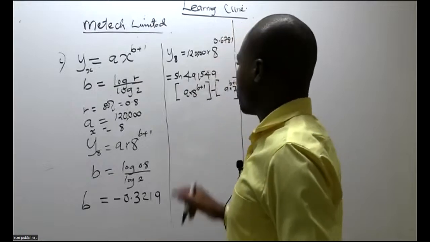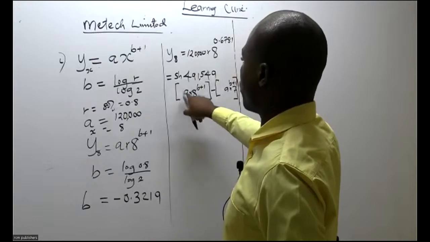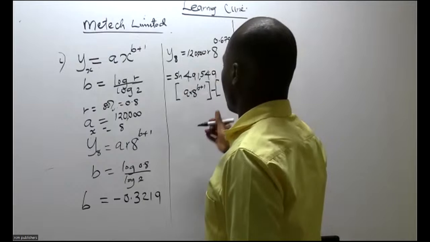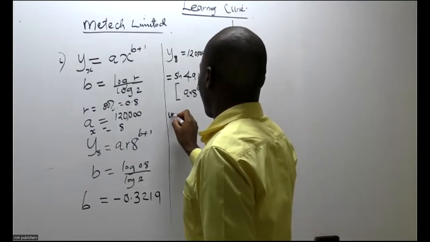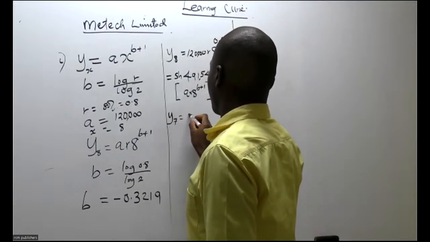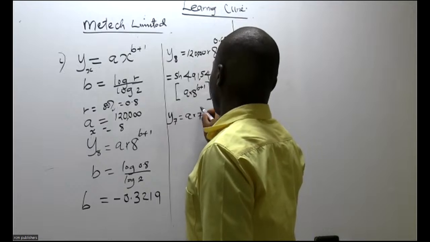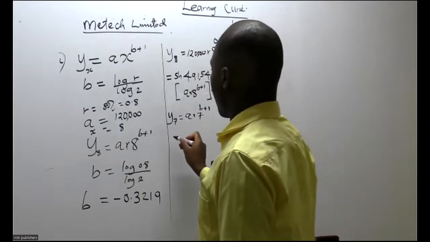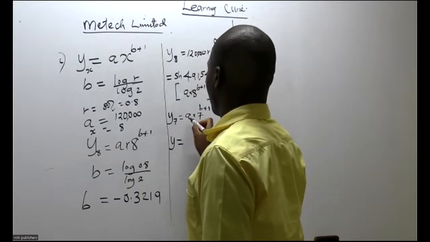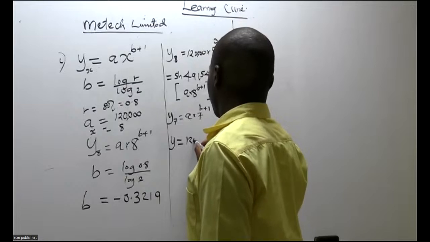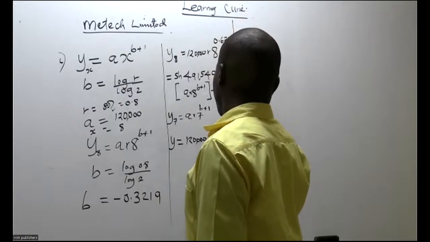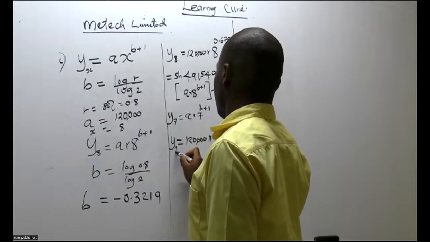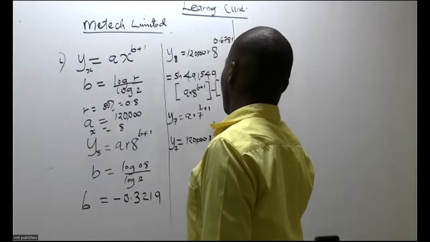Because we already have the cost of producing the first 8 batches, which we've calculated here, what we need to look for is y of 7, equal to a times 7 raised to power b plus 1. Your a does not change, times x, which is now 7 raised to power b plus 1.